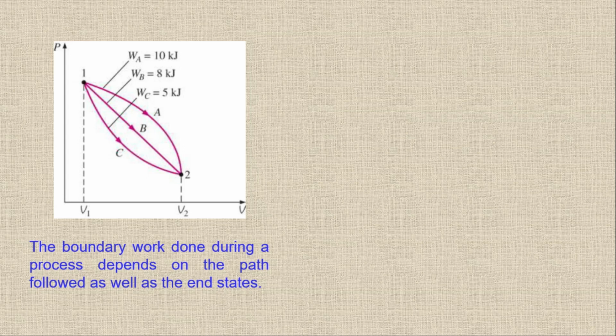If we have different paths, then the area under the curve will be different for each case. In this way, you will get different boundary work. And here, we have a larger area under the curve of A. That's why we will get the higher boundary work here, because the area under this curve is more than the other curves.